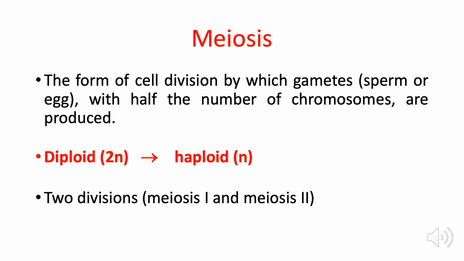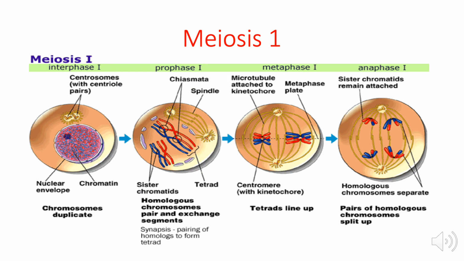Please take note that in meiosis, the cell has to undergo two cell divisions. That's why we have meiosis I and meiosis II. Let's start with meiosis I. Whatever stages we have discussed in mitosis will be the same stages that we will cover in meiosis I. Expect that before the cell will enter the prophase I of meiosis I, there should be an interphase.